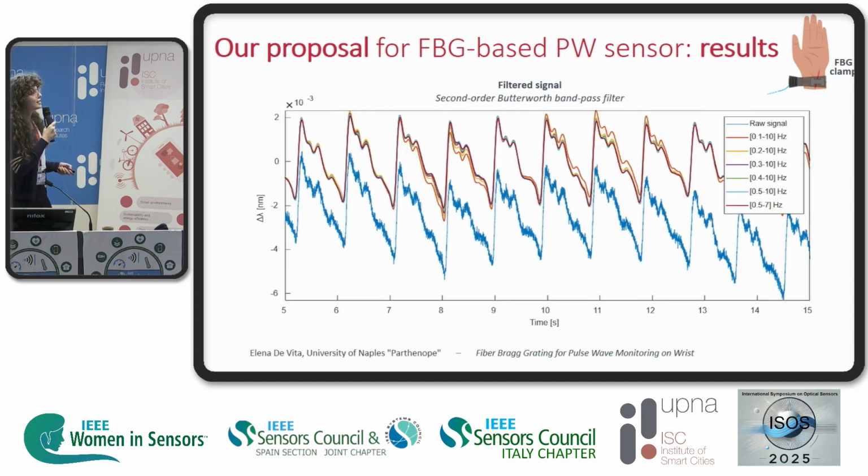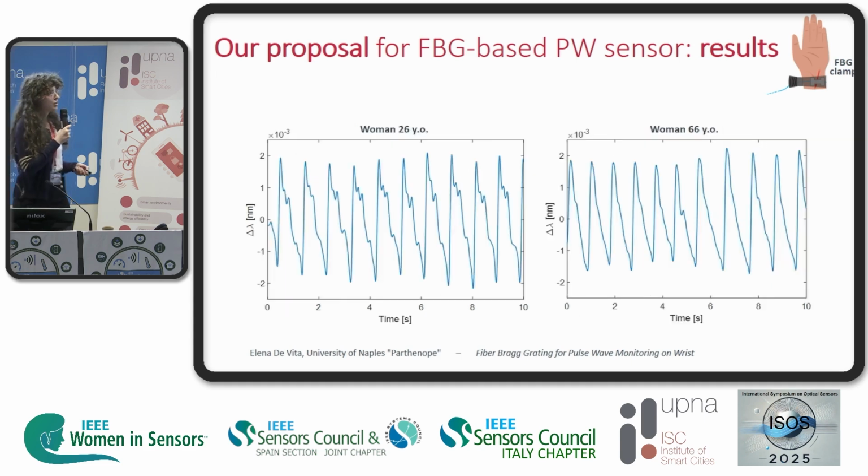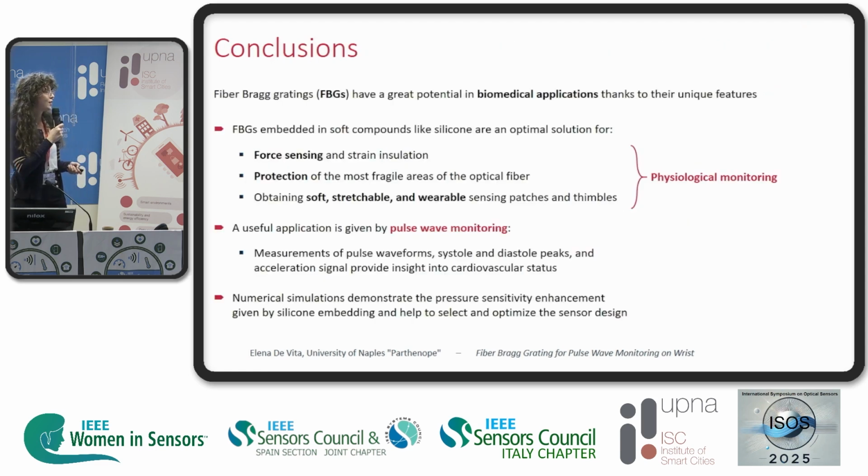And here we can see some comparison by considering the second order Butterworth bandpass filter by changing the lowest and the highest frequency. And then we compared also different ages for the subjects. And here again, we see how much the pulse waveform changes. For the wrist, again, the diastolic peak is very attenuated, and also the tidal wave is no more visible.